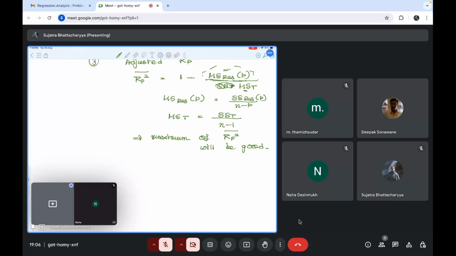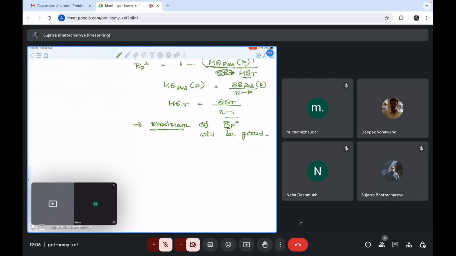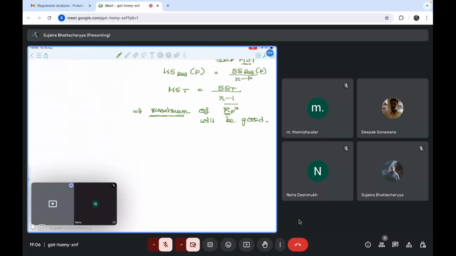It depends on Y. If this is fixed and MS residual is low or minimum, then 1 minus this quantity will be high. Because of that, the maximum value of adjusted RP square, or coefficient of multiple determination, will be a good model. Okay. The fourth one is the Mallows statistic.